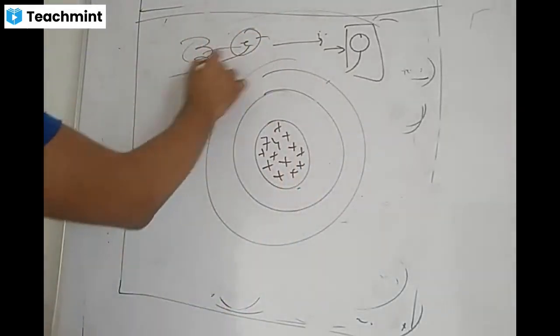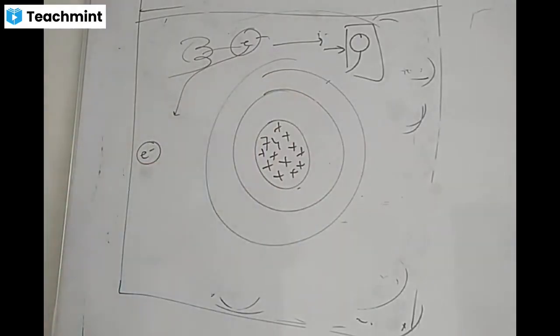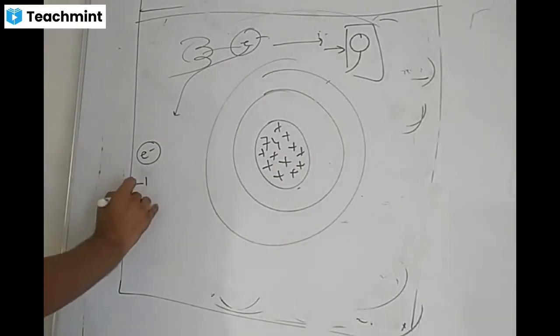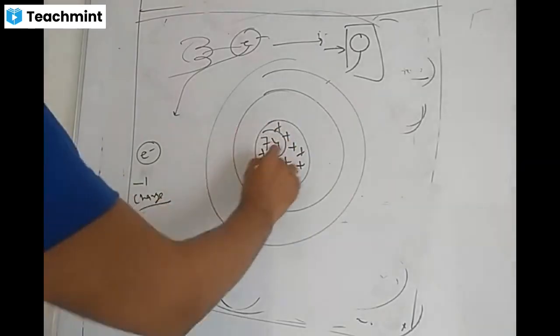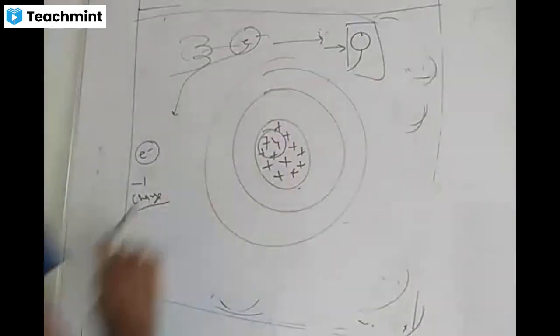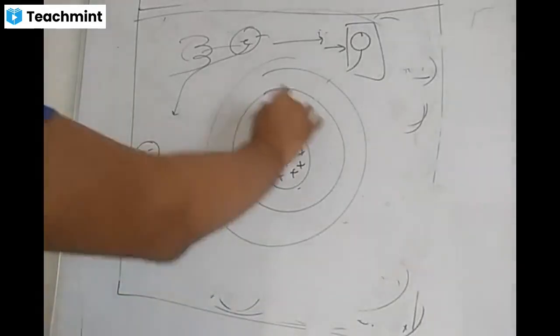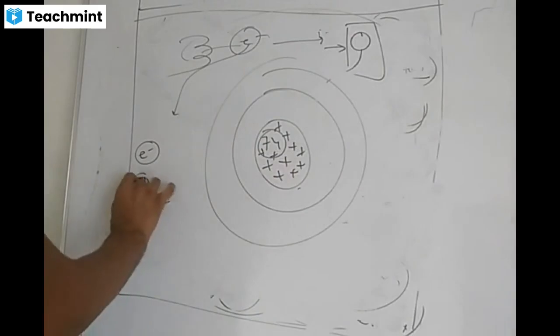If I bring this electron towards this atom in case of radiative interaction, see, electron is having -1 charge and nucleus is having plus 74 charges. Look at the positivity of the nucleus. This huge positive charge, and this is very small negative, -1.